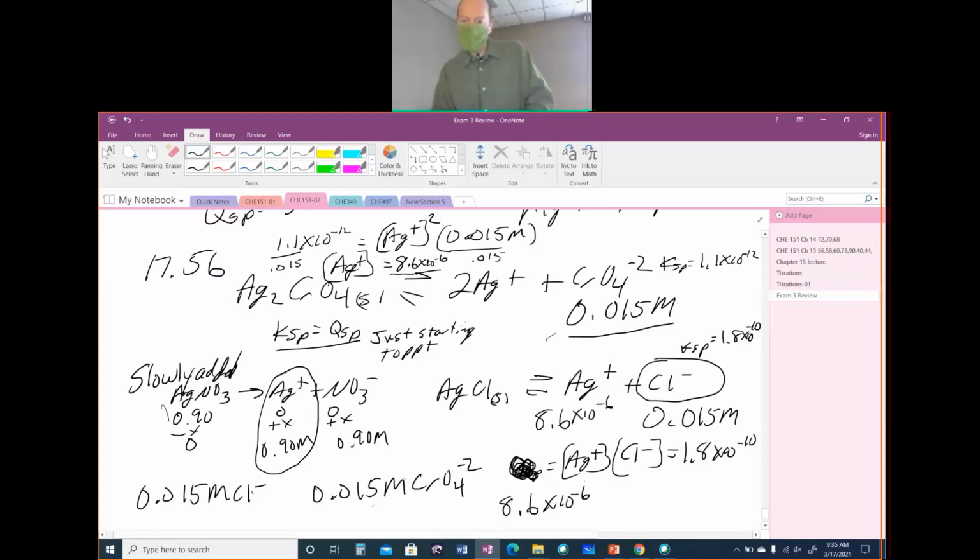What we want to know is not the concentration of Cl minus initial. We know that it is 0.015. What we want to know is what is our concentration of Cl minus at equilibrium. And this is how we find it, because we're putting it in as KSP, which is our equilibrium concentrations, 1.8 times 10 to the minus 10.